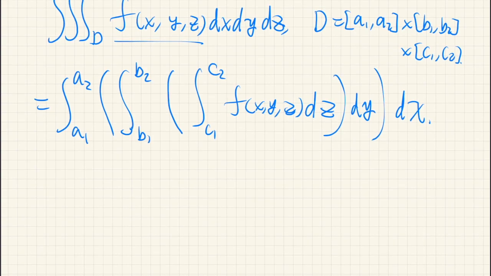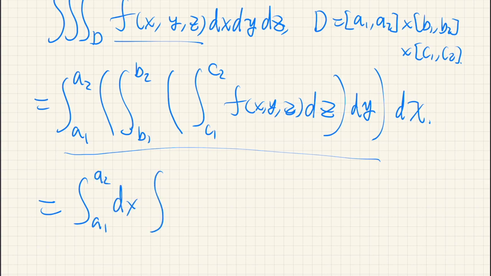By the way, to make this look a bit simpler, we may also write like this: the integral from a1 to a2 dx, omitting these parentheses, the integral from b1 to b2 dy, and the integral from c1 to c2 of the function.